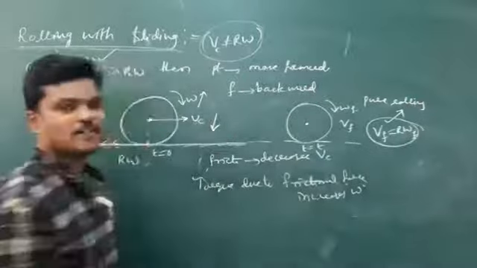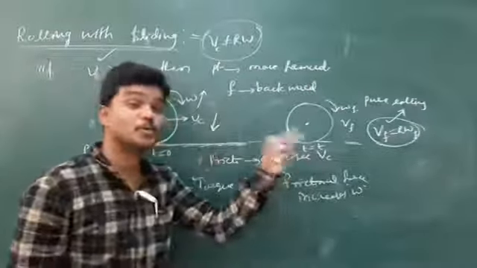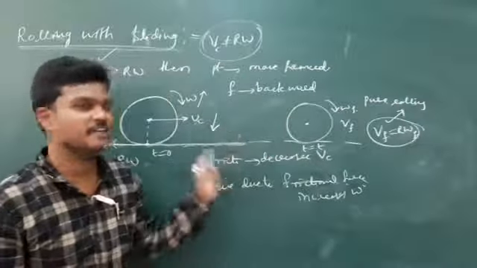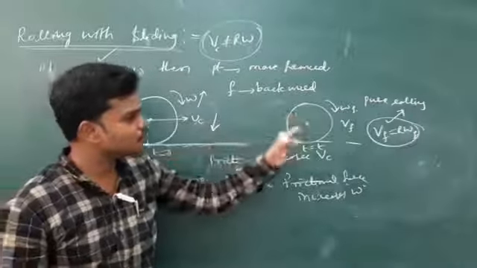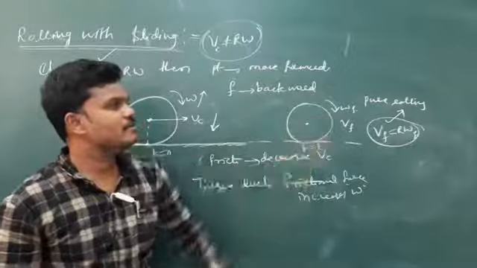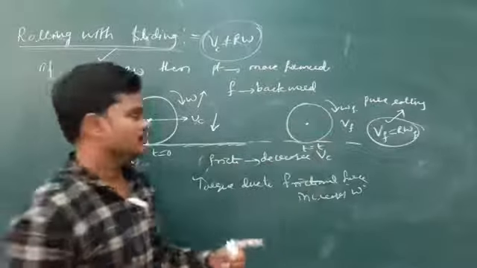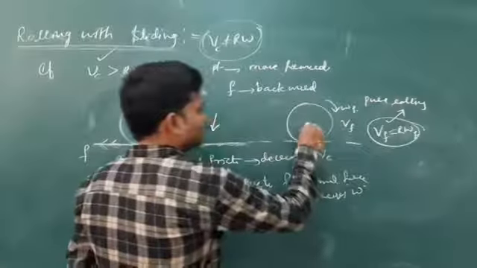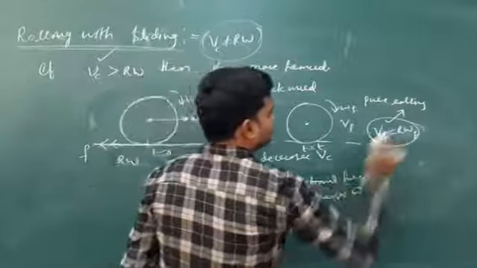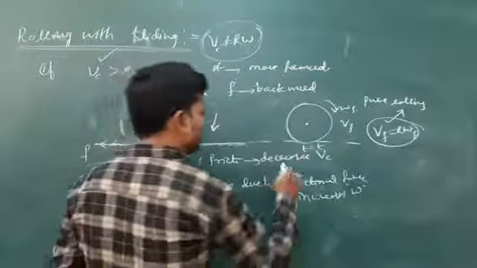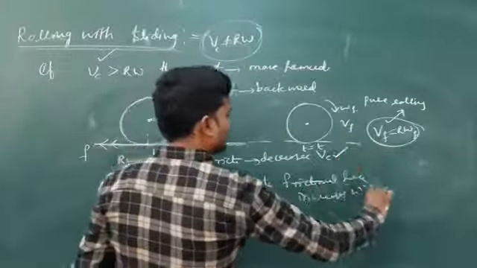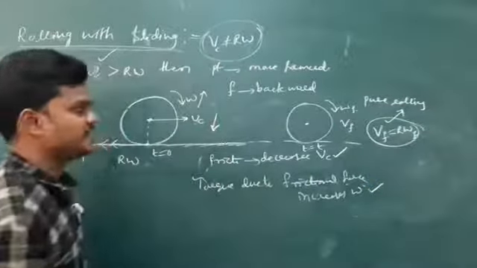Pure rolling. After some time, we can find at what time pure rolling will start. That also we can find by taking some impulse equations. Okay, we can find at what time this body is going to set for pure rolling. Here linear velocity decreases, angular velocity increases.